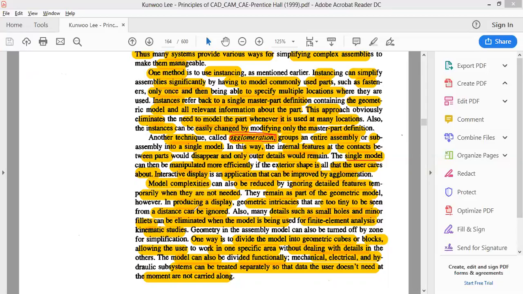Okay, so yes, that is what has been actually explained in this paragraph. So geometrical intricacies, too tiny parts, all these things, the distances, all these things are going to be ignored for the further processing. And this is very much used in the FEA analysis, and also for kinematic analysis.